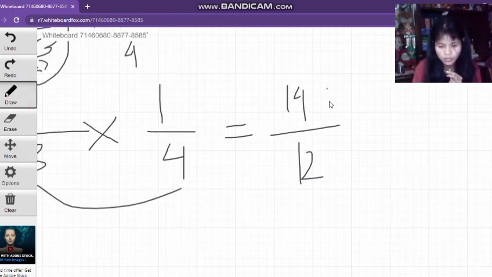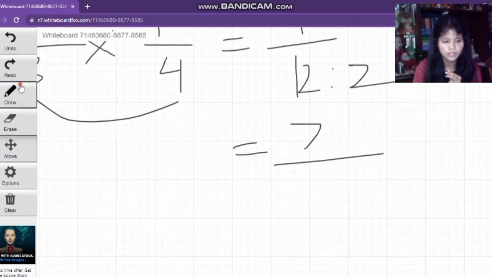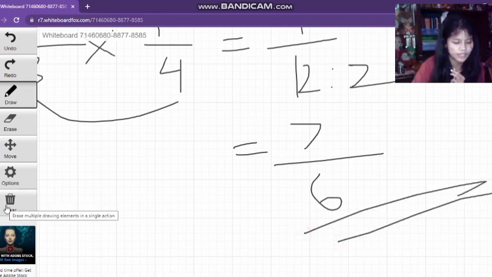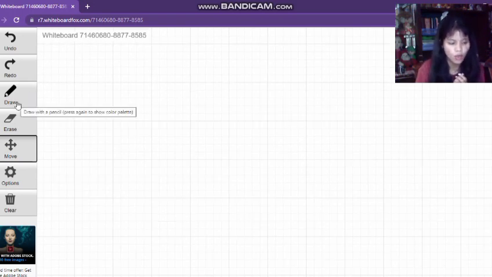For the numerator we divide by 2, and for the denominator divide by 2 also. Then we find 7 over 6. So the product is 7 over 6. Next, for the last one, is division.